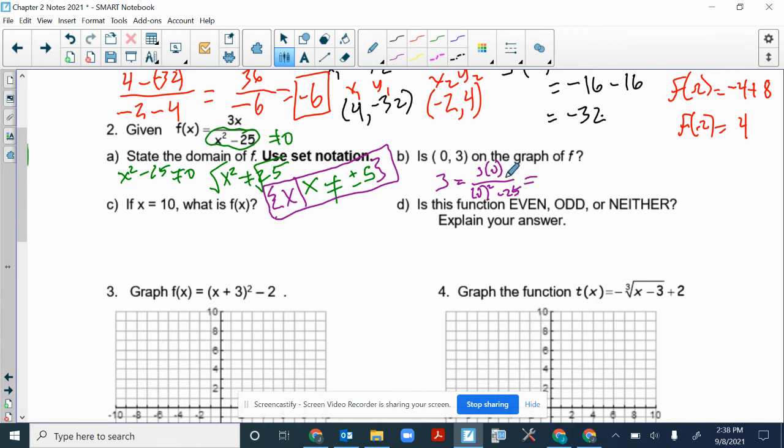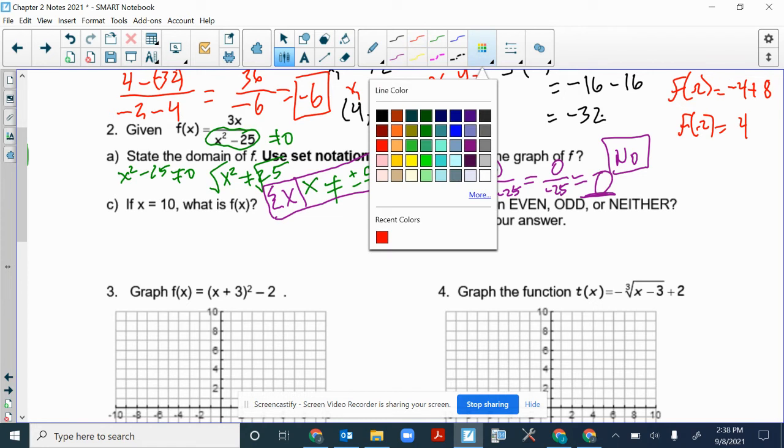When I simplify this right side, I get 3 times 0, which is 0, over negative 25. Well, that's all 0. So you look and you say, does 0 equal 3? And hopefully your answer is no, which means this is not on the graph. So your answer here is no.